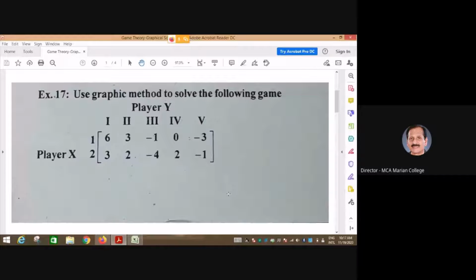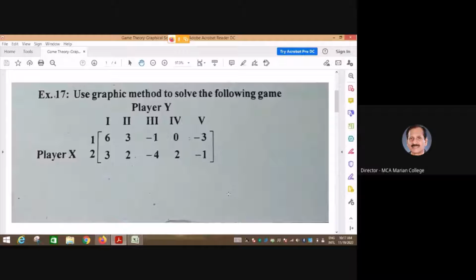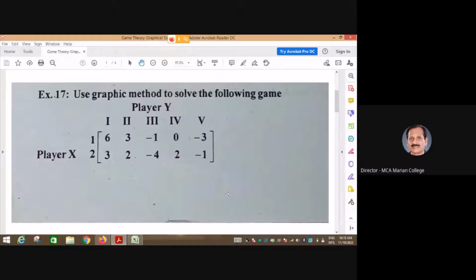So he will choose strategies in such a way that his gain is maximum. So in this case, we will draw lines representing the strategies of B, say B1, B2, etc. B5. There are 5 strategies. So we will draw lines corresponding to the strategies of B.